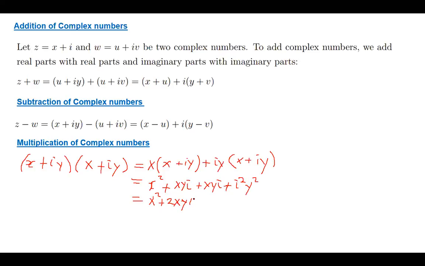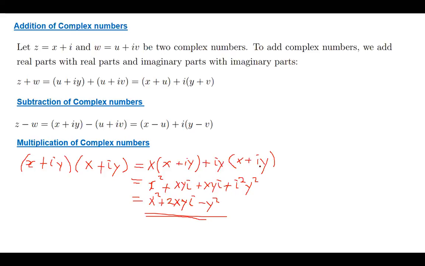Of course, don't forget to put your i there. And then this side, i squared, we know i squared is -1. So -1 times Y squared, you get your negative Y squared. So it's just a matter of multiplying it the way you multiply other complex numbers, but just take care of this i when you're multiplying it with another i.